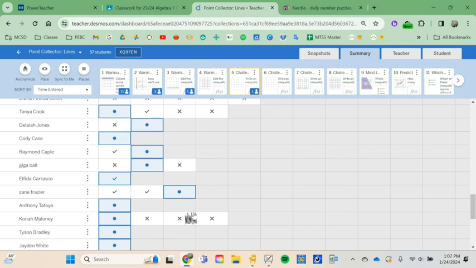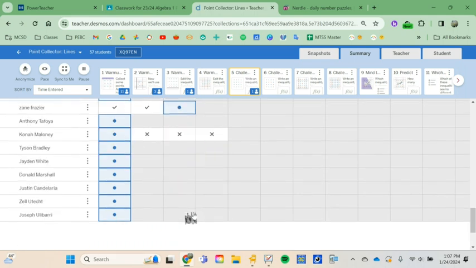Tyson. Jaden. Donald. Justin. Zoe and Joseph. Who am I missing? Drags Wolf isn't here. On Hill, I think he needs to get in classroom. I'll help him do that.